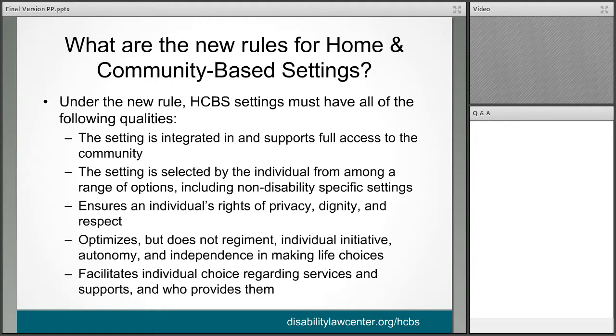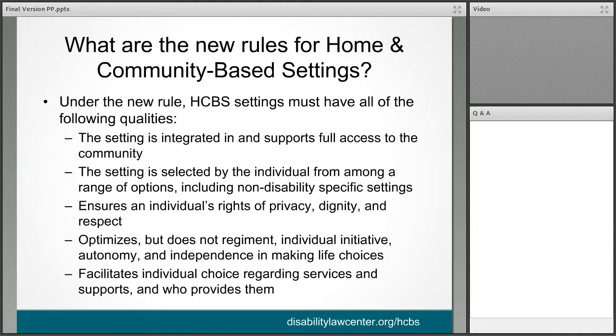So by supporting individuals, it goes beyond just saying, hey, you can go into the community anytime you want to, but rather a setting and the staff that works there should look at an individual and ask themselves, what support does this individual need to access the community? And that may be as simple as identifying community events, to getting help with transportation, to even providing a direct care staff so that somebody can access a community event.